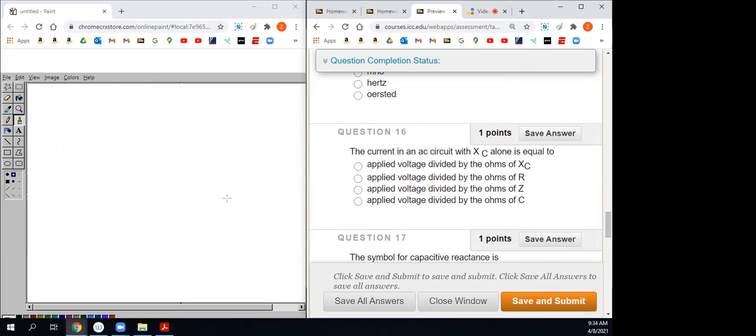The current for an AC circuit with X sub C alone is equal to. Tell me what Ohm's law is.